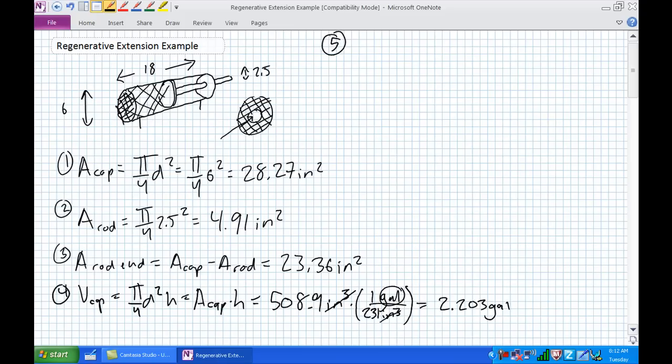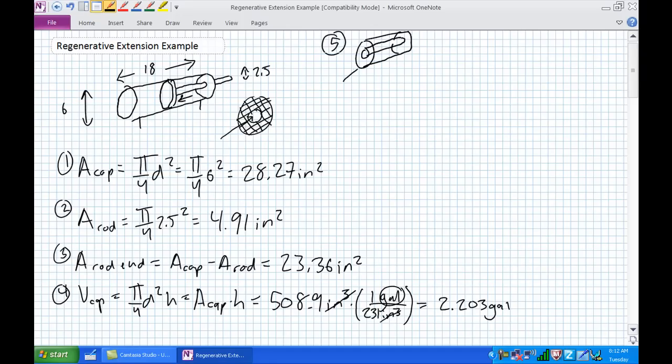Okay, since we're right here, let's figure out the volume of the rod end at full retraction. So the volume of the rod end at full retraction, if you can imagine, now this thing is all the way back. It is also a cylinder, but it has a cylinder removed out of the center of it. So it's a cylinder all the way back, but it has this volume removed out of the center.